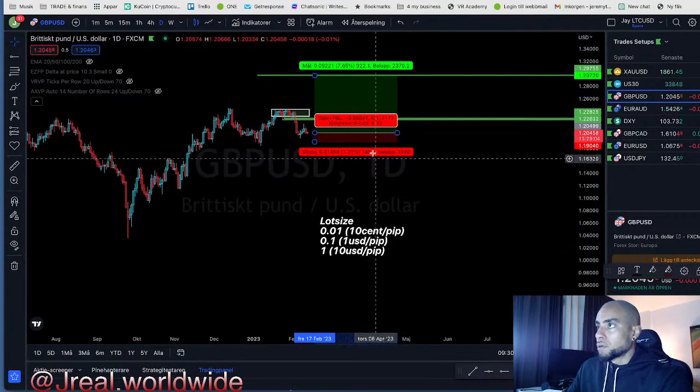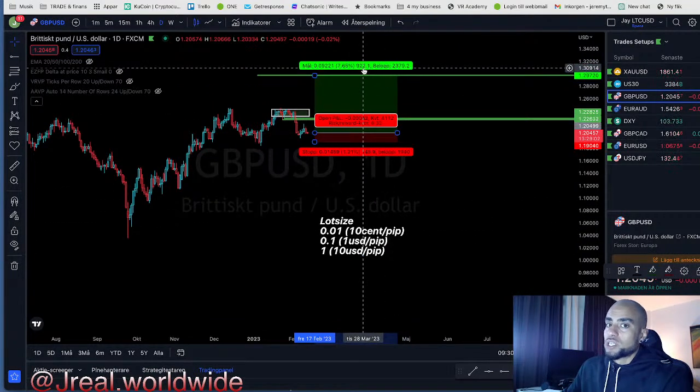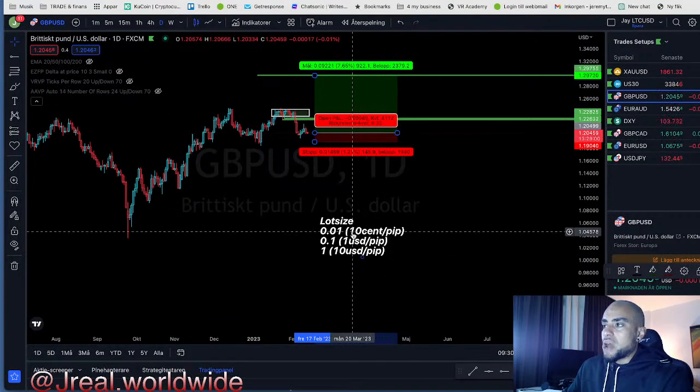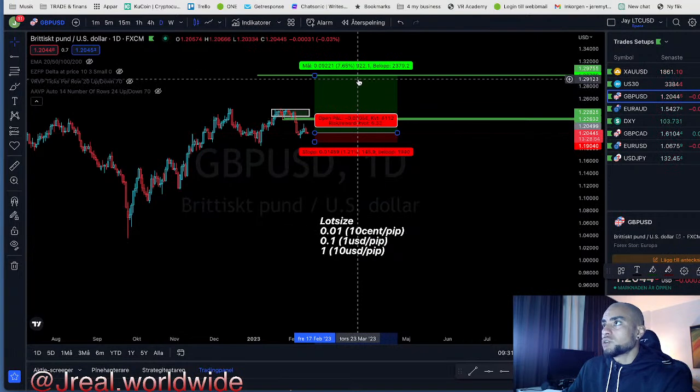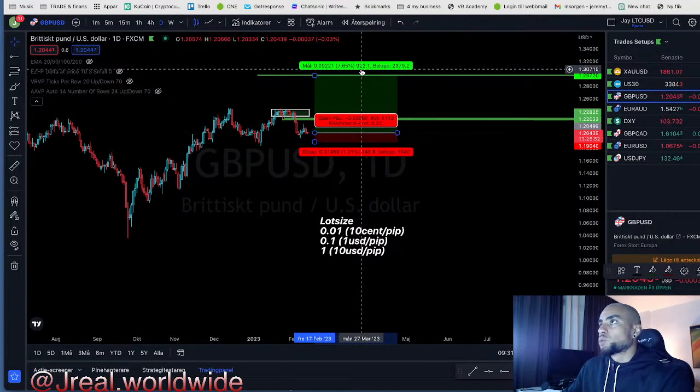Well, the answer is simple. It's $922, right? Now, if we have the lot size 0.01, which is 10 cents per pip, how much money do we make on this trade? When the market moves 922 pips, we make 92.2 US dollars.